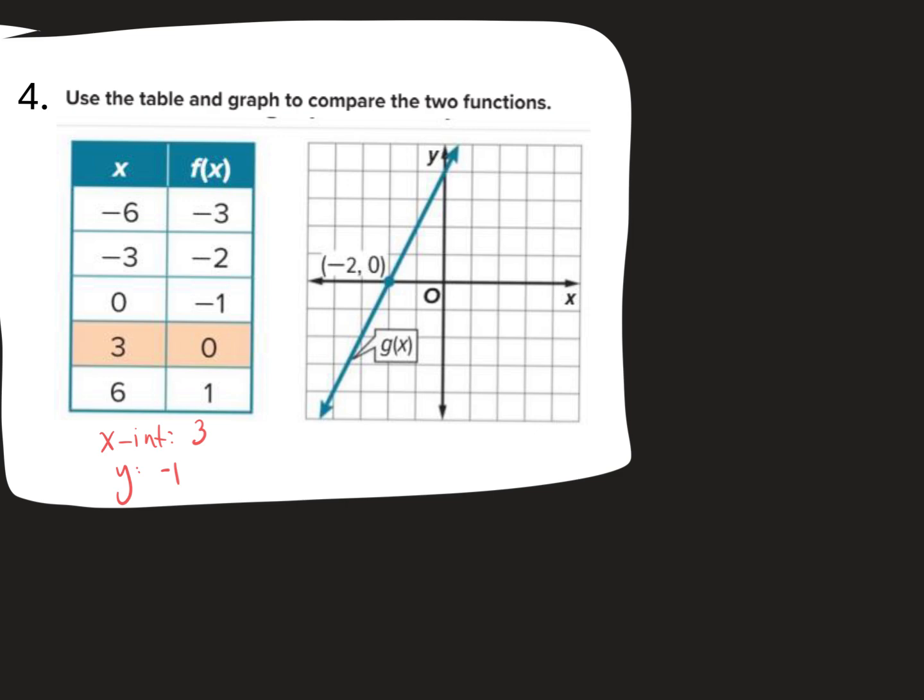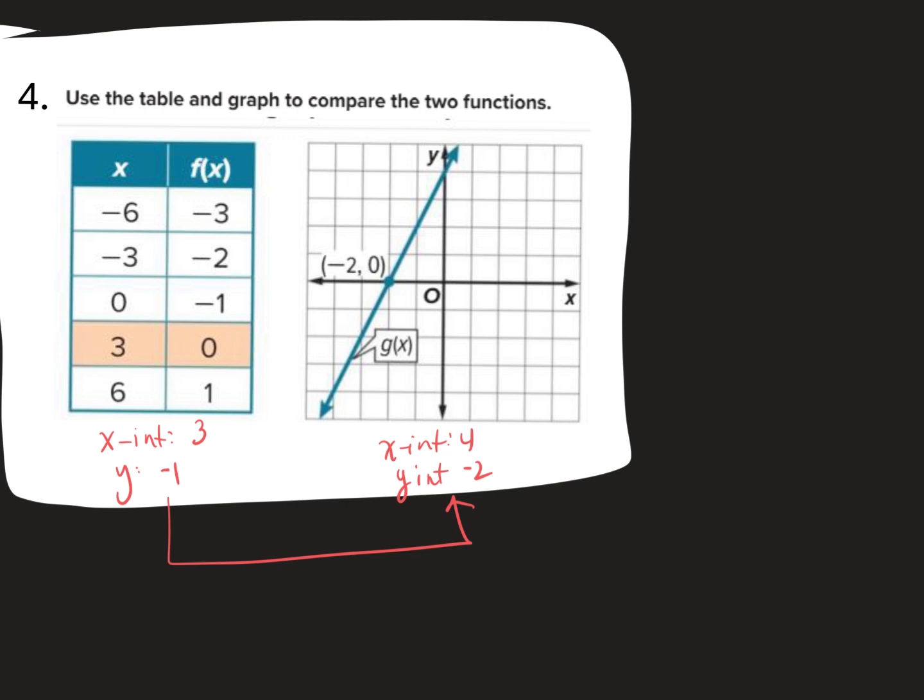And as I look at the graph, my x-intercept is 1, 2, 3, 4. My x-intercept is 4, and my y-intercept is -2. I can't really tell much about the ordered pairs unless I plot them, but I can compare these two answers.